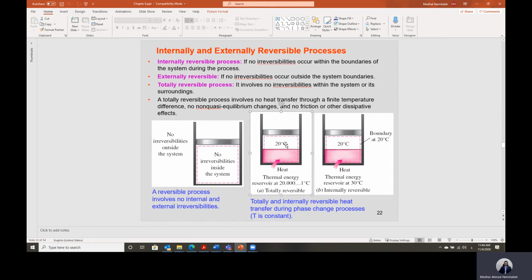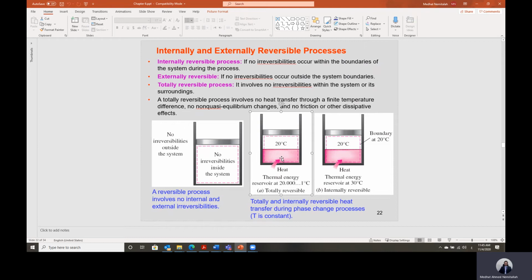How come we can add heat and the temperature remain constant to have a reversible heat addition process? This can happen only during the phase change process. You add heat, but this heat is latent heat. It will be used to convert the phase, either from liquid to vapor or from solid to liquid, without temperature rise.